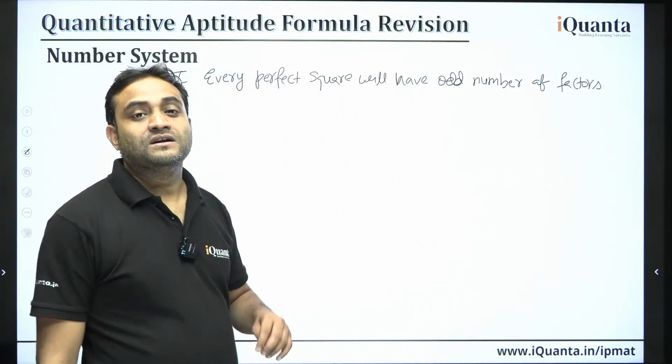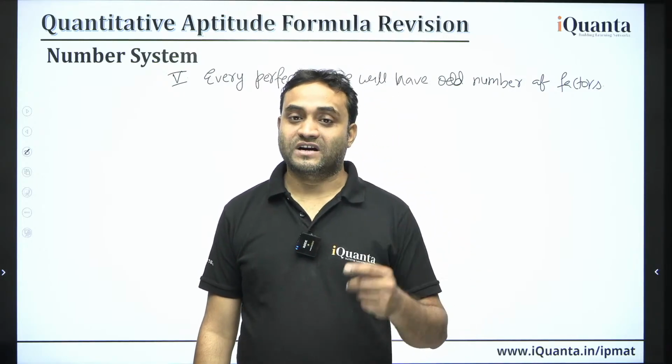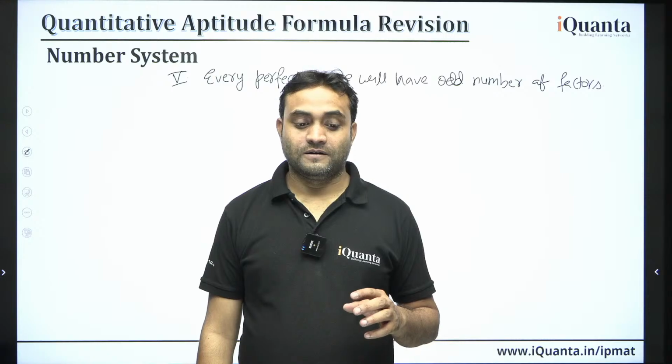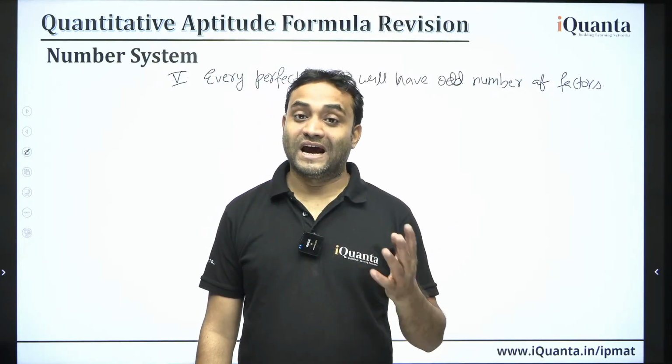If you find how many factors 4 has, 4 is 2 square, so 3 factors. How many factors does 36 have? 36 is 2 square into 3 square, so 3 into 3, 9 factors, right?